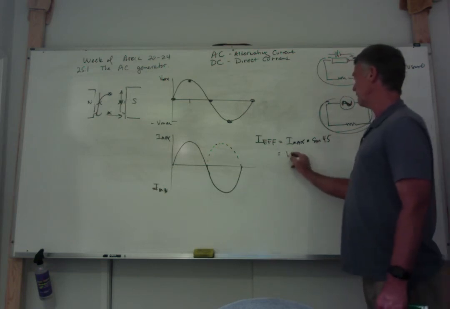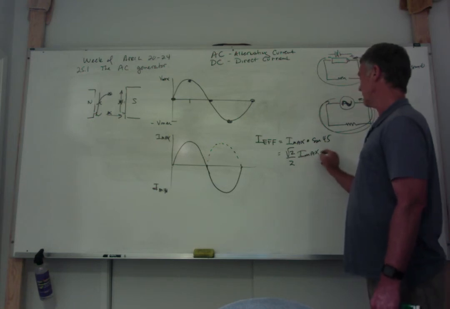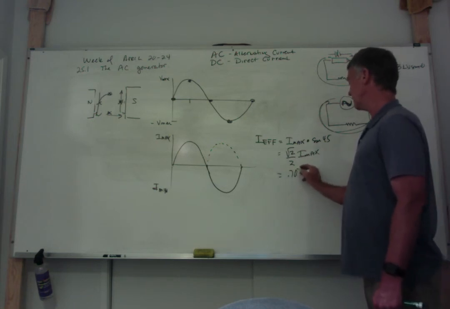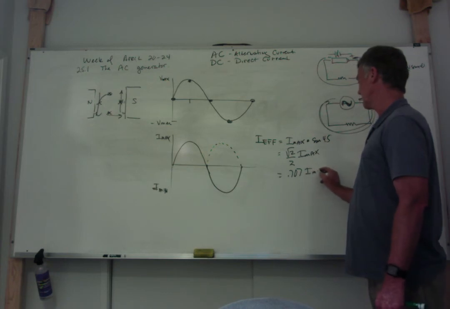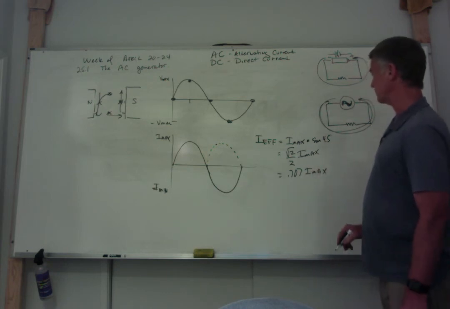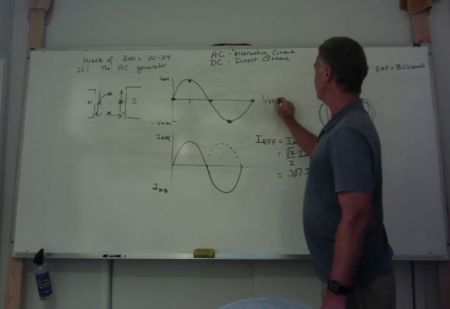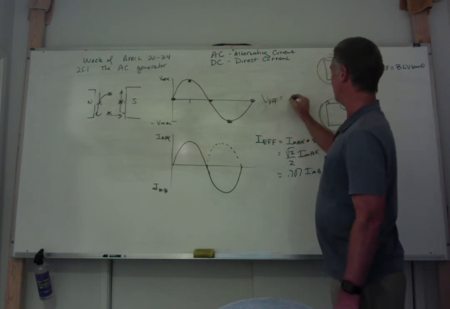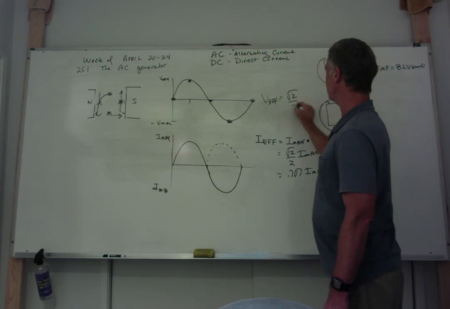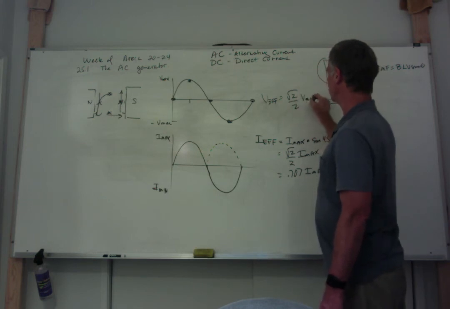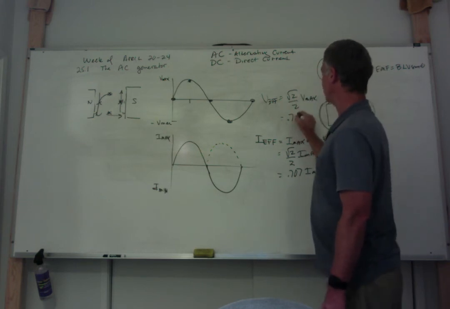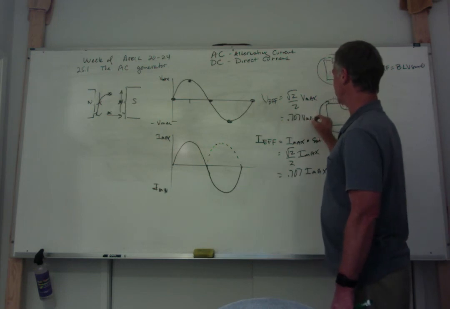Well, the sine of 45 is square root of 2 over 2, and that would be 0.707 times the maximum current. And the same thing for effective voltage. The effective voltage is square root of 2 over 2 times the maximum voltage, or 0.707 times the maximum voltage.